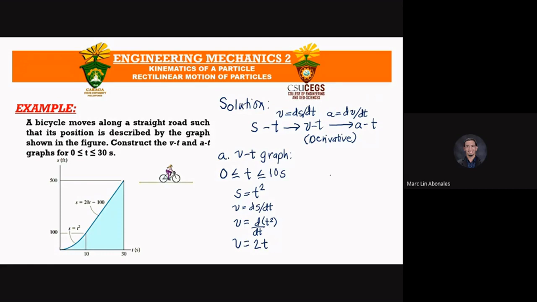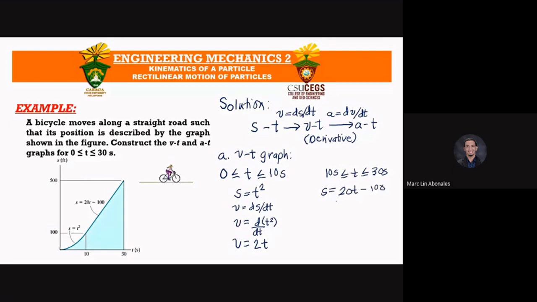The same thing during the time interval 10 seconds to 30 seconds, s is equal to 20t minus 100. It is the same as what we did earlier.